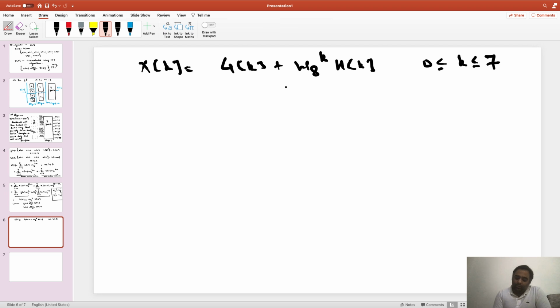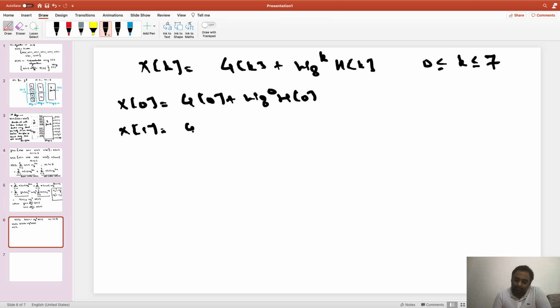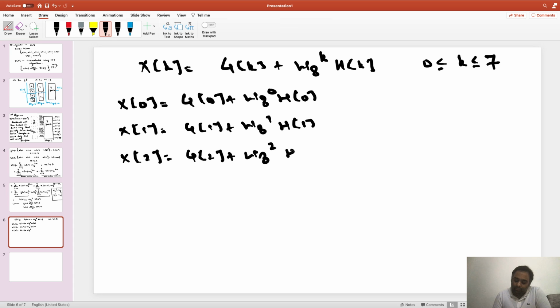But then if you look at this very closely, there is no problem when you evaluate X0. So that will be basically G0 plus W8^0 H0. You will calculate X1, which will be G1 plus W8^1 H1, capital X2, that will be G2 plus W8^2 H2, capital X3 will be G3 plus W8^3 H3.